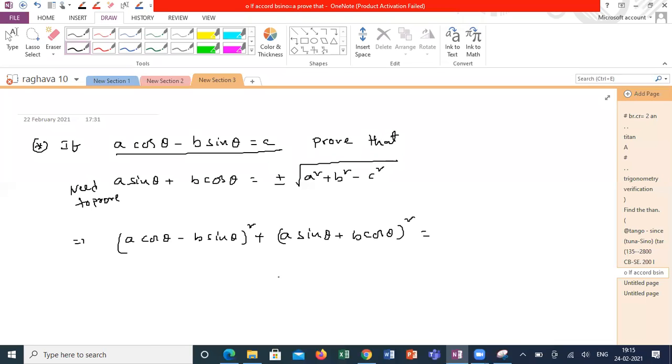From here, you will be able to solve the question easily. Try. You apply the a minus b whole square, a plus b whole square formula, expand, and you know A cos theta minus B sin theta is how much. Substitute that respective value and apply the identities. You will get the answer finally. Just try it, guys, everyone.